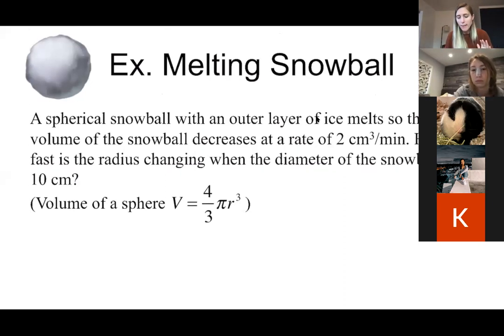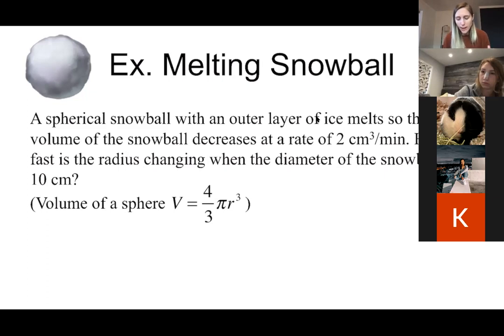Okay, so we're looking at the melting snowball example. Switch colors, blue. A spherical snowball, so this is one of those things where we're simplifying. We're assuming the snowball is a perfect sphere. A spherical snowball with an outer layer of ice melts so that the volume of the snowball decreases at a rate of 2 cubic centimeters per minute.